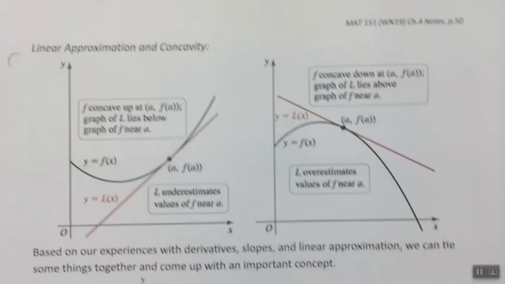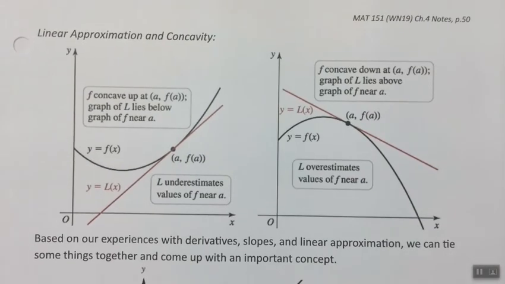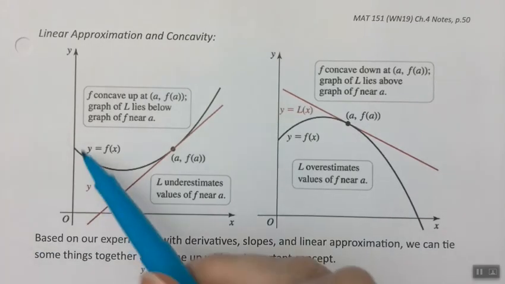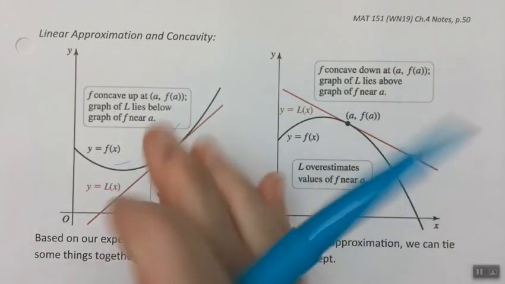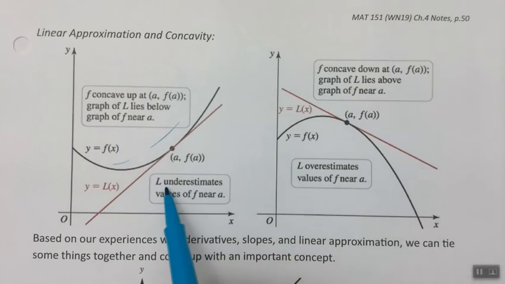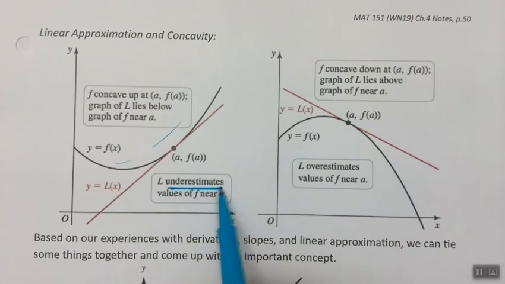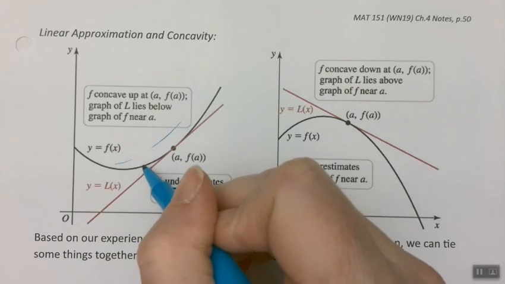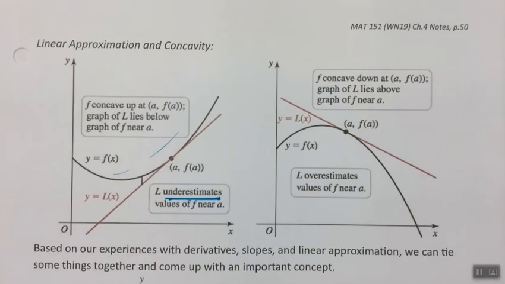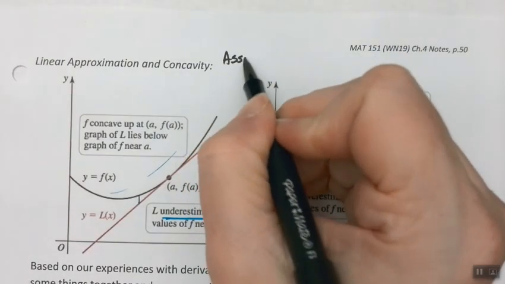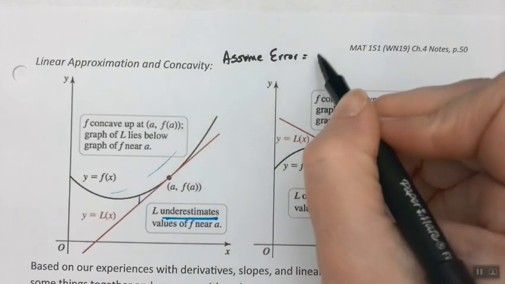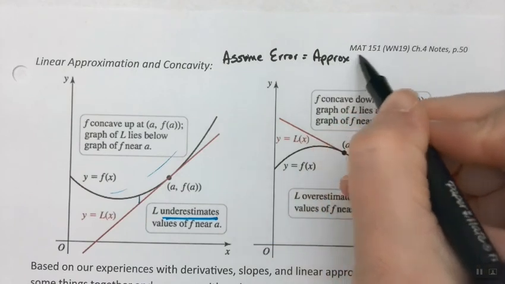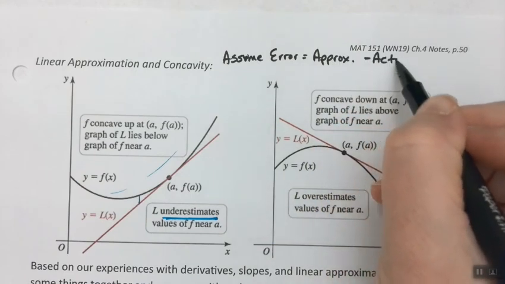So a couple things. If your graph is concave up, then your L of x will lie below your graph near a. So if it's concave up, then your line is going to be low, which means you're going to underestimate, right? If you underestimate, then your error will be negative, right? So let me just assume, for the sake of this argument, error is the approximation minus the actual, right?